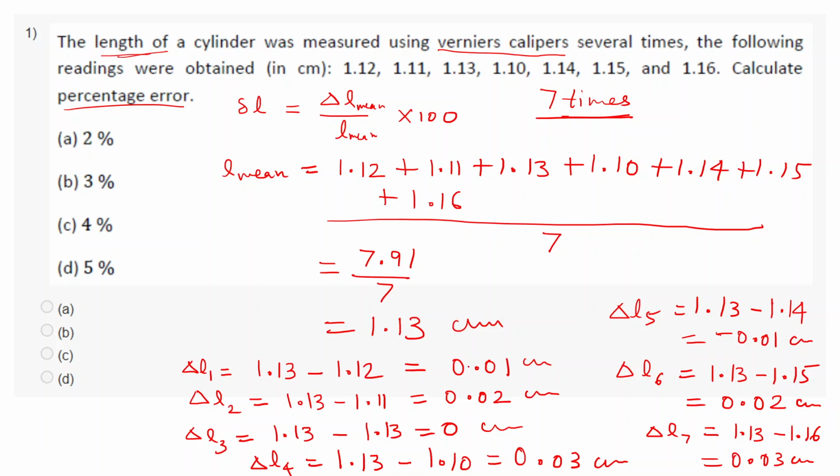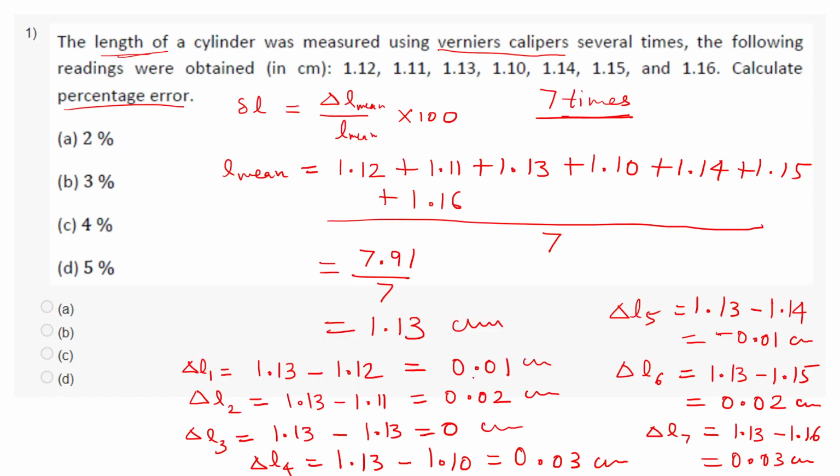So I'll have one more slide for this. So delta L mean, I have to take all these 0.01, these are positive. When it becomes negative also, I have to take absolute of this.